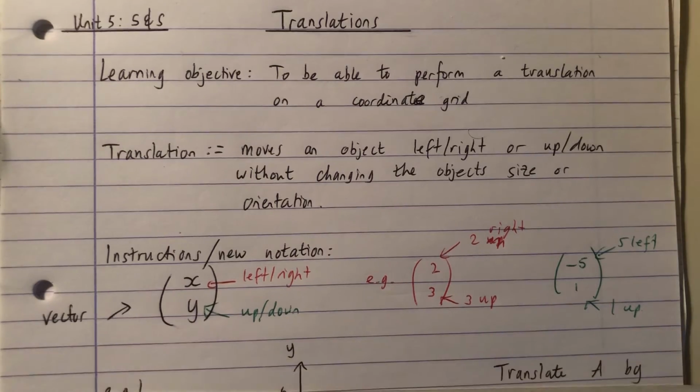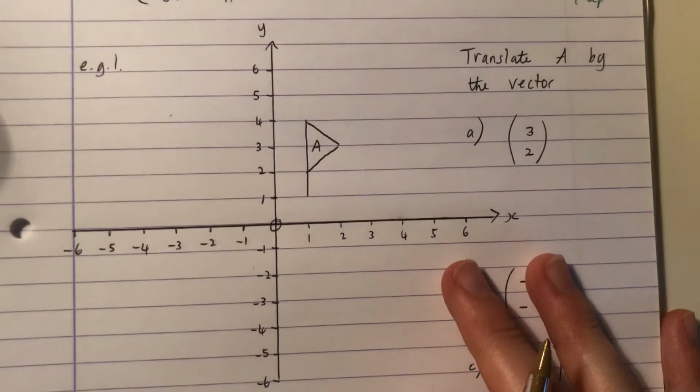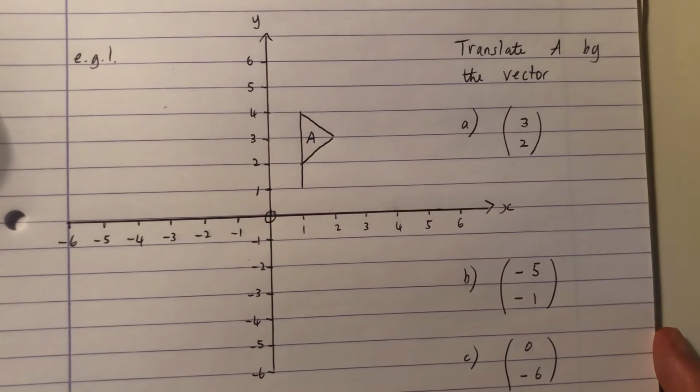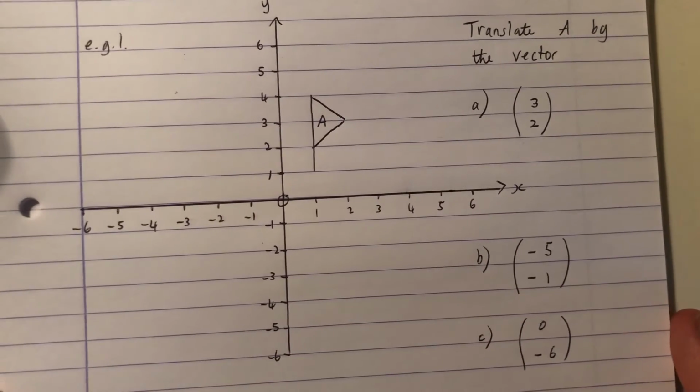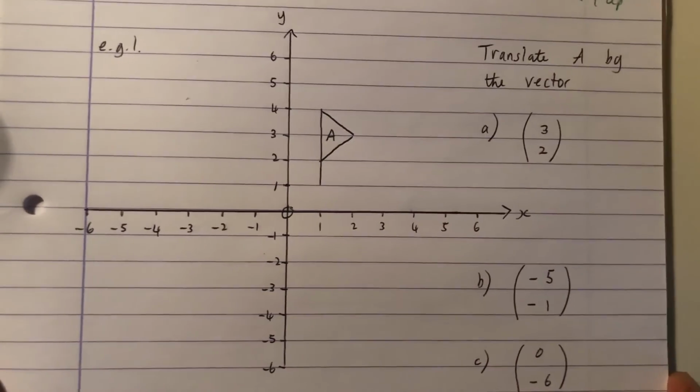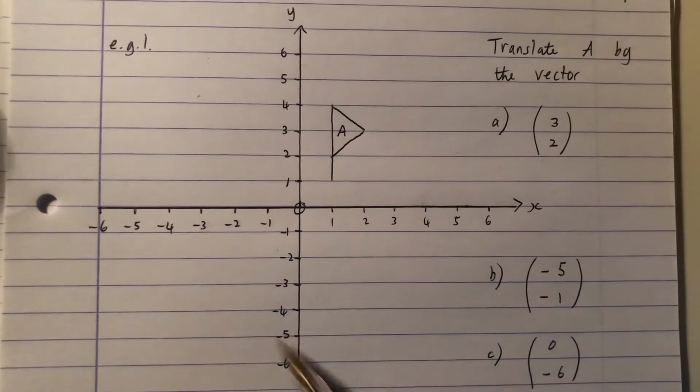Okay, so let's see what a question will look like. You'll be given a coordinate grid, or you might have to draw out the coordinate grids today, but in the exam you'd be given one. We've got an object labelled A, and we're asked to translate that object by a vector. So these are the instructions.